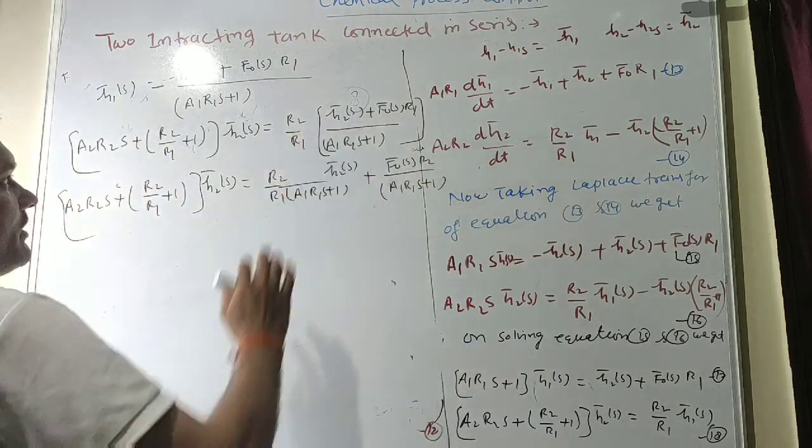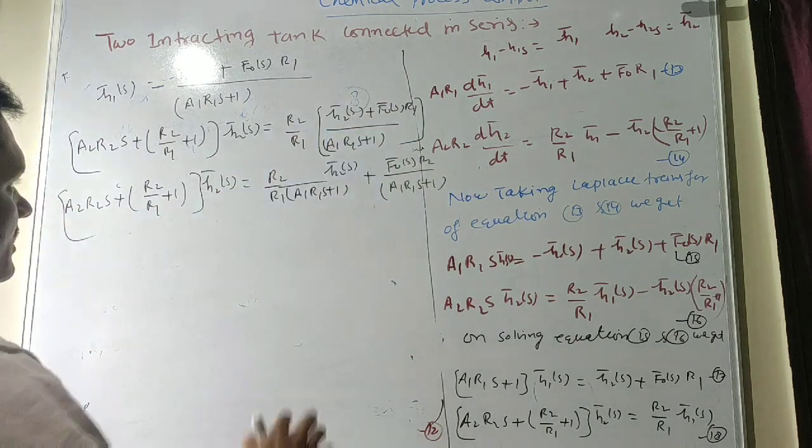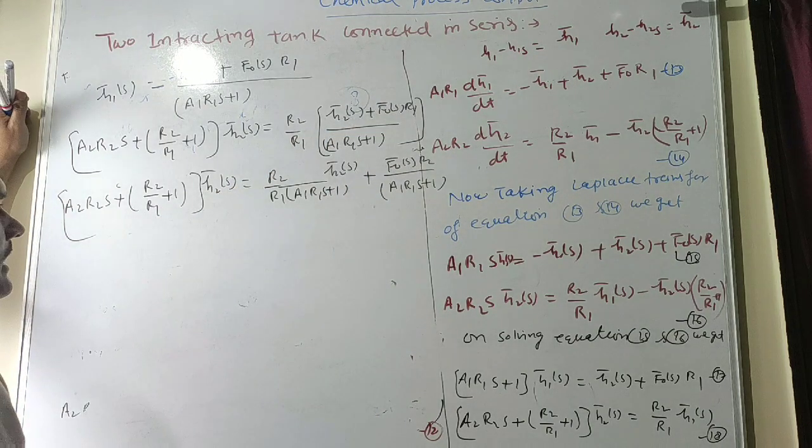Simply I have multiplied a2 r1 into H2 bar S plus F naught bar S. We will get this formula.